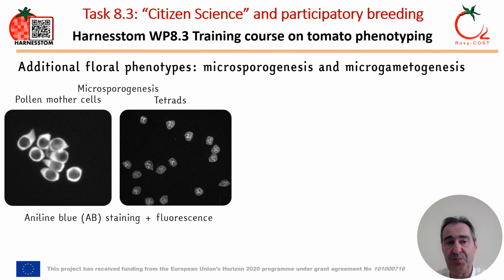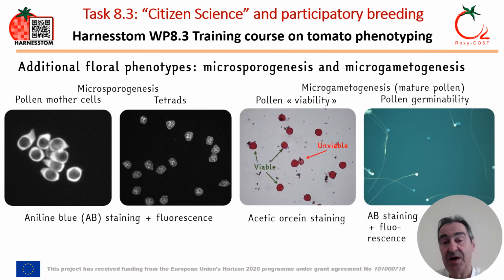To check the proper progress of microgametogenesis and pollen formation on mature flowers, pollen viability can be estimated with very simple stainings, for example with acetic orcein, and counting for normal and aberrant pollen grains. Finally, to check pollen germinability, you can adopt simple growth media to induce germination in pollen and to observe it with the callose staining again.